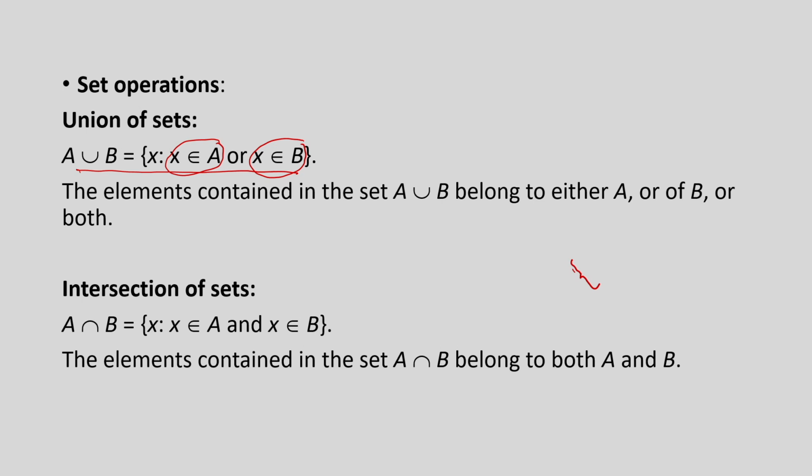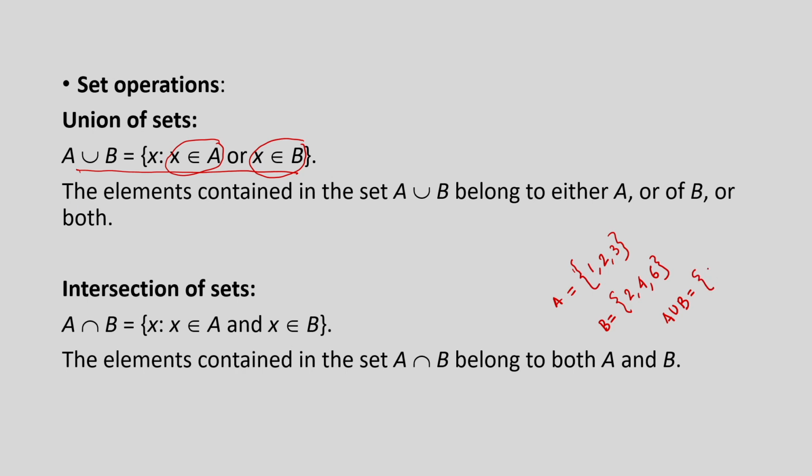The set of, let us say, first three natural numbers 1, 2, 3, and the set of first three even numbers 2, 4, 6. Suppose this is A and this is B. Now, what is A union B?